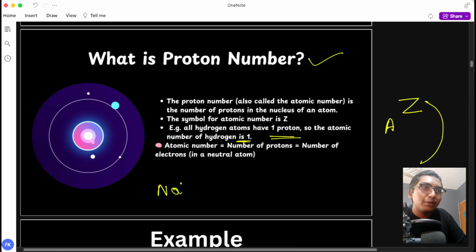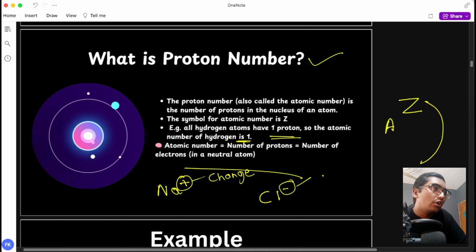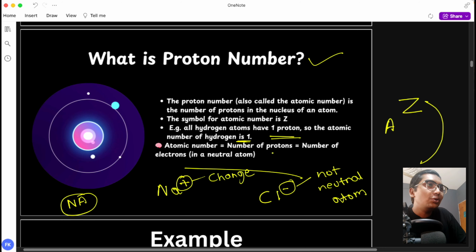For example, Na+ is not a neutral atom. As you can see, there is a charge, right? For example, Cl-, there is a charge. These two are not neutral atoms. However, a sodium atom, only a sodium atom, has an equal number of protons and electrons.